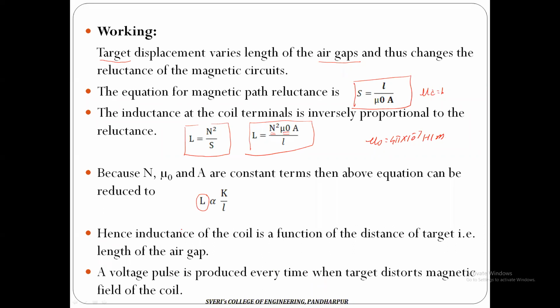And when the magnetic field is disturbed, and this disturbed magnetic field links with the coil which is wound on that permanent magnet, according to Faraday's law, I say that this equation E is equal to L di by dt. As the L changes, definitely the induced EMF in the coil is also changed. And this induced EMF is proportional to the displacement here.